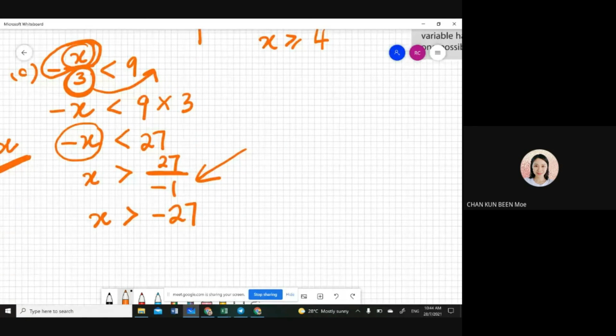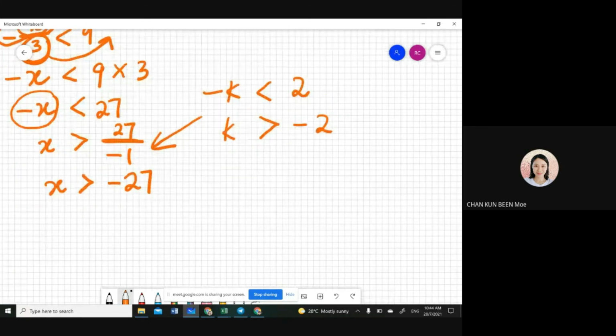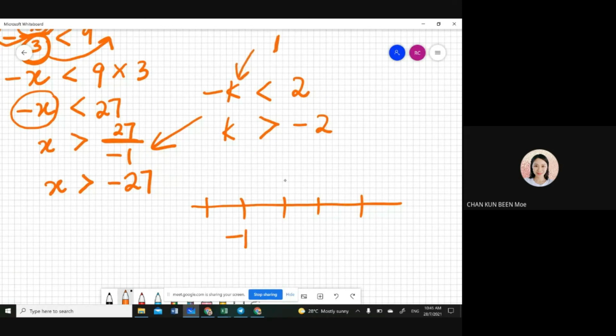For example, negative k is less than 2. If I want to find k, it will be greater than negative 2. I give you a number. I assume k is 1. Negative 1 is less than 2.